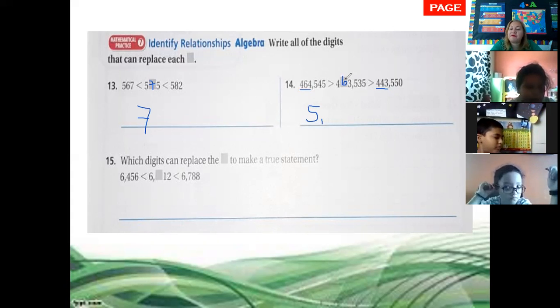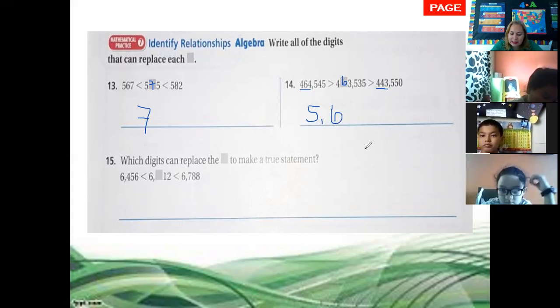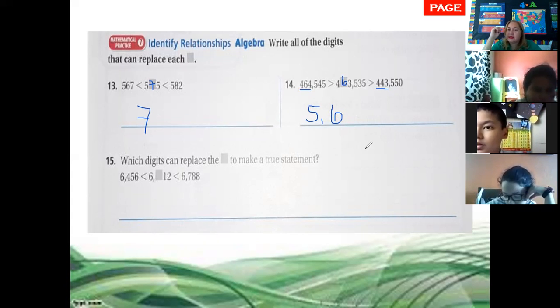So it is correct. And 463 is greater than 443. So the second digit is 6. The answer is 5 and 6.